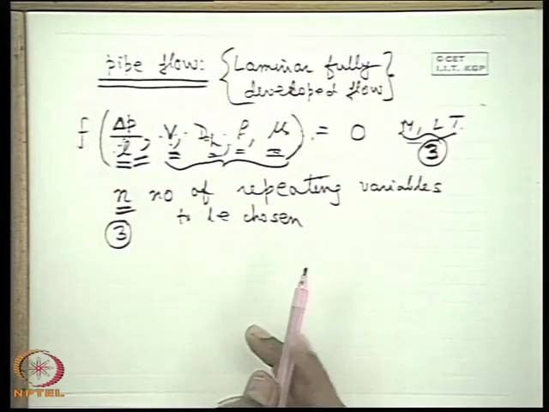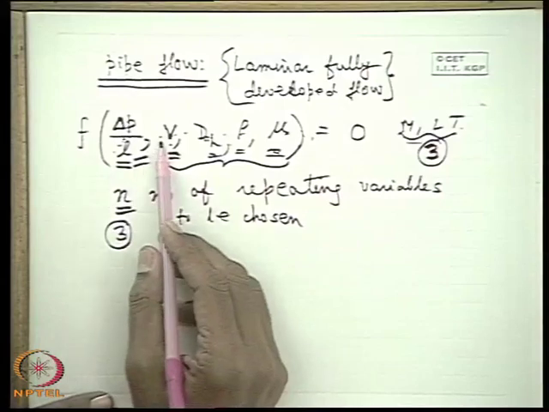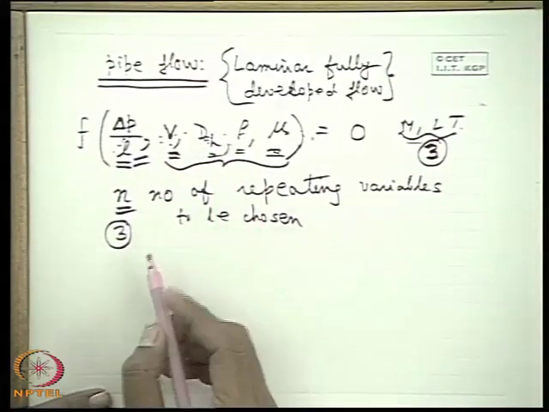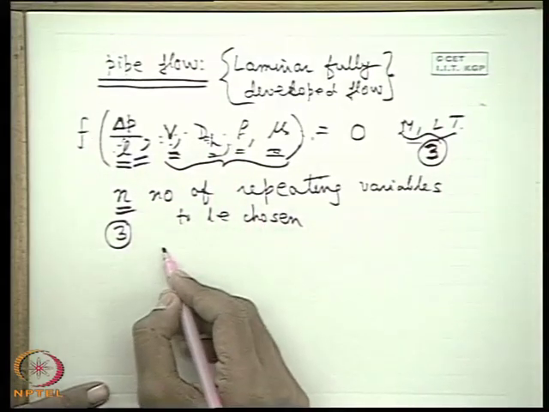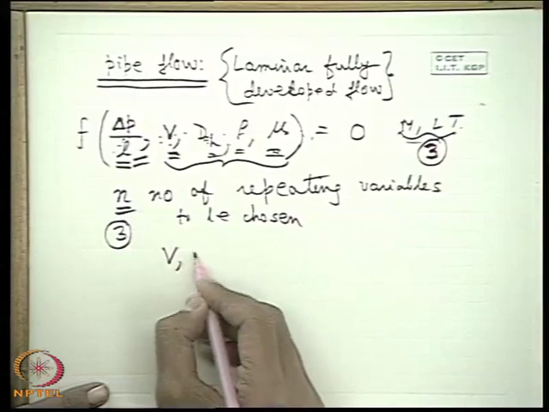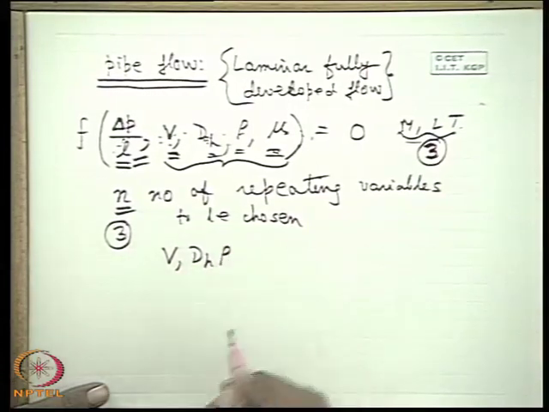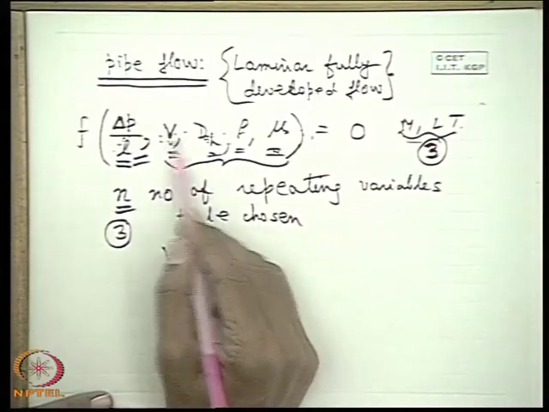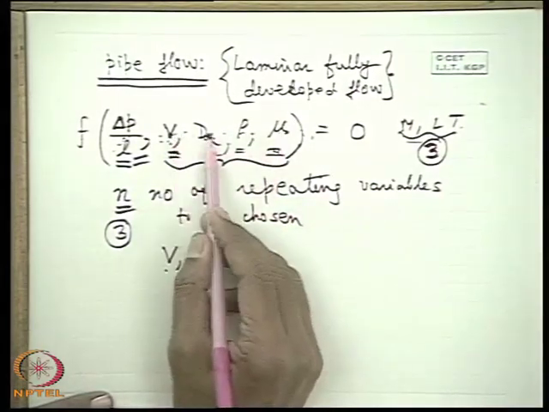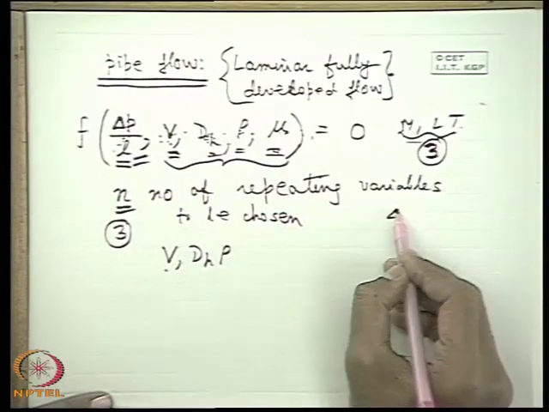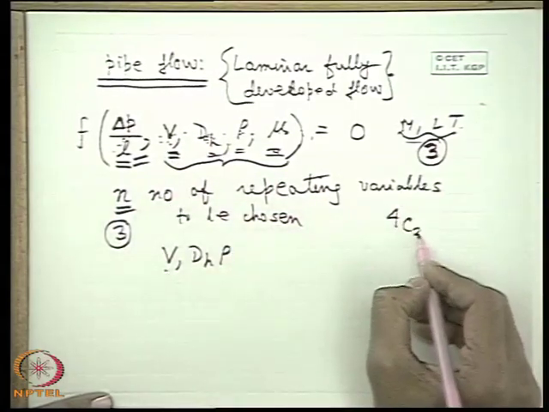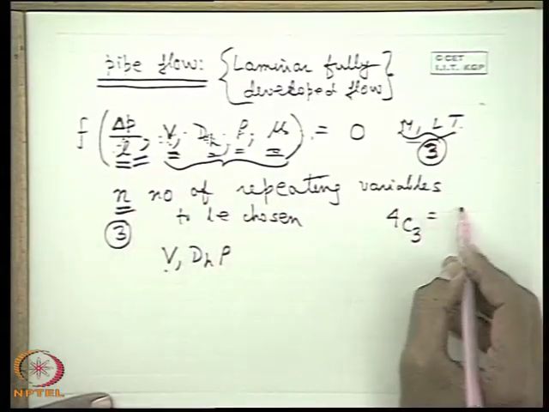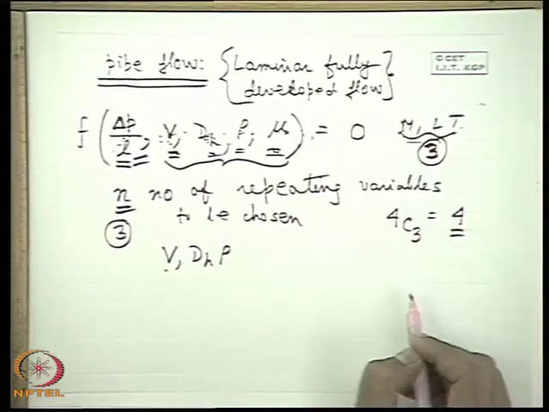Now Buckingham said that any 3 we can choose. There are 4 parameters, so the combination of 3 repeating variables is 4C3, that is 4 combinations.